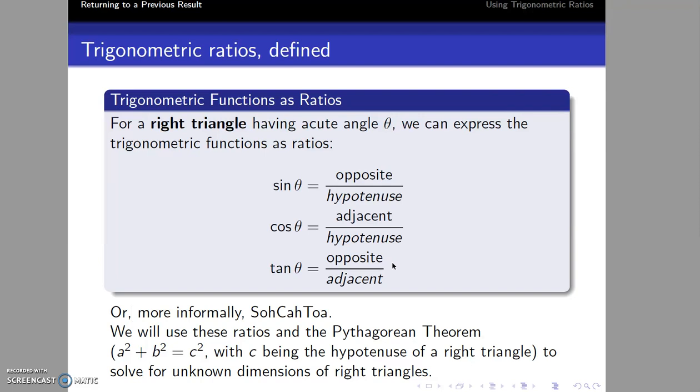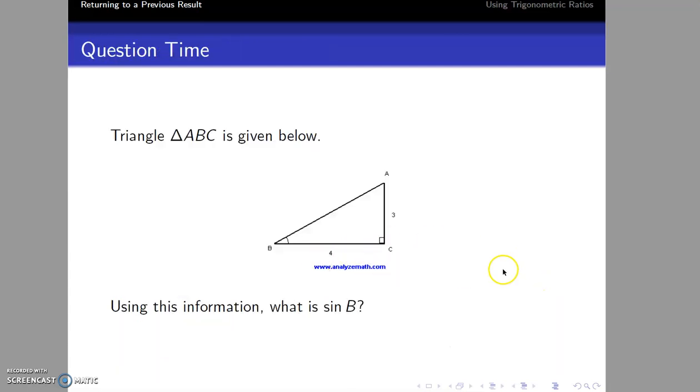One being that the sum of all the interior angles adds up to 180 degrees, or pi radians if you're using radian measure, and that's just what it means to be a triangle. But what it means to be a right triangle is you also get access to the Pythagorean theorem, which is a squared plus b squared equals c squared, where c is the longest side. Only true for right triangles, but again, this is a right triangle. So, using this information, what is sine of B?